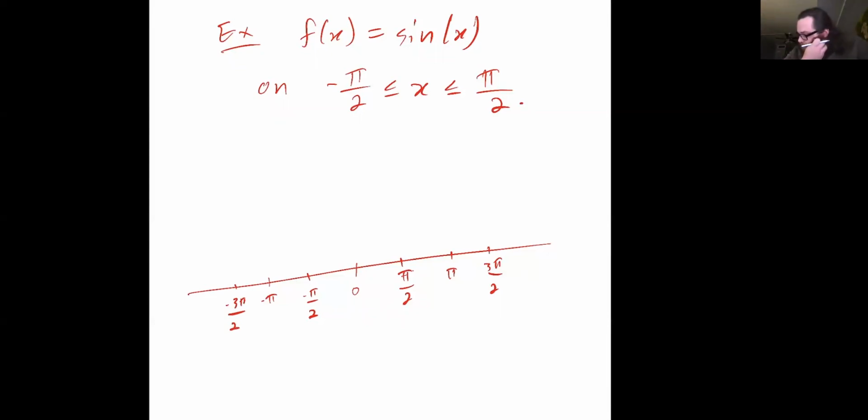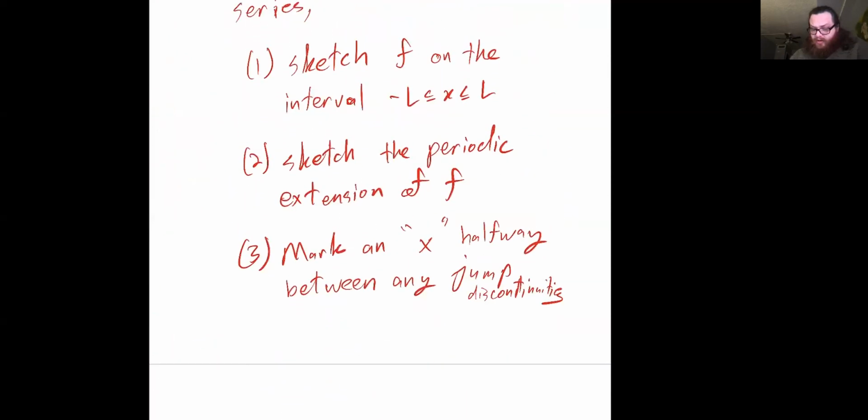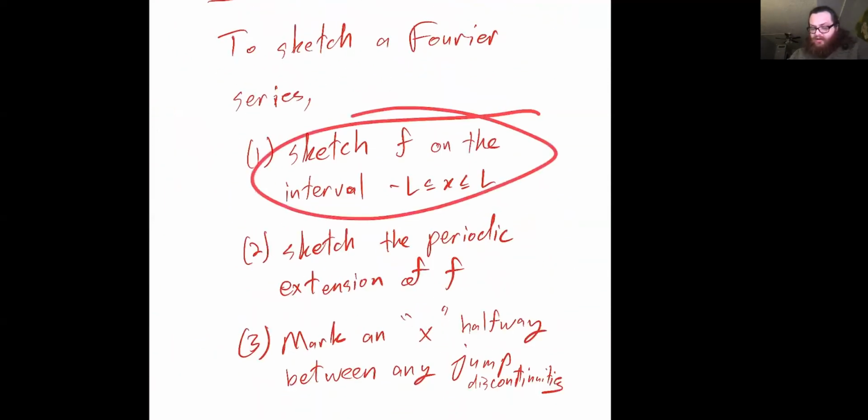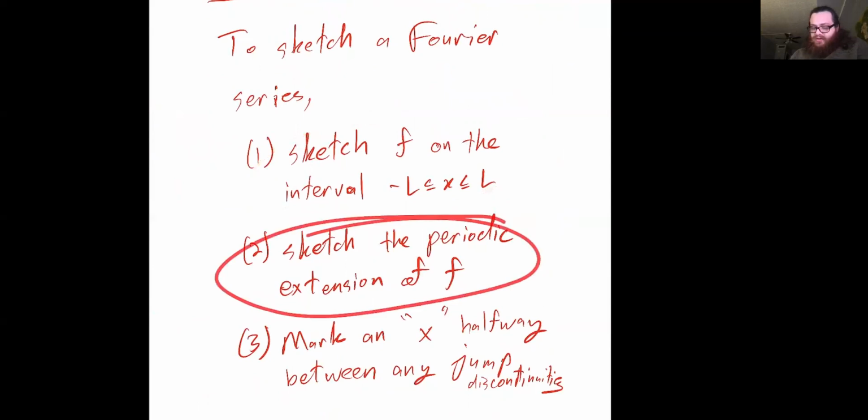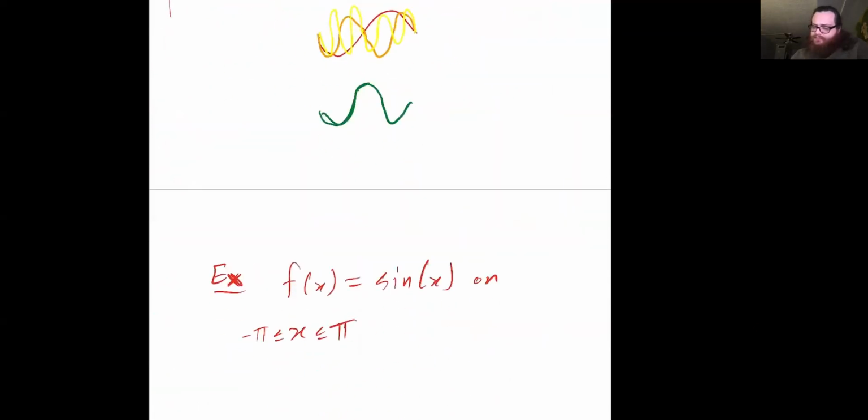Since we're not working from negative pi to pi, the Fourier series of sine of x is not going to be equal to sine of x. Again, it's because we're working on a different sort of interval. But the process is the same. Starting point, sketch f on the interval, and then sketch the periodic extension.